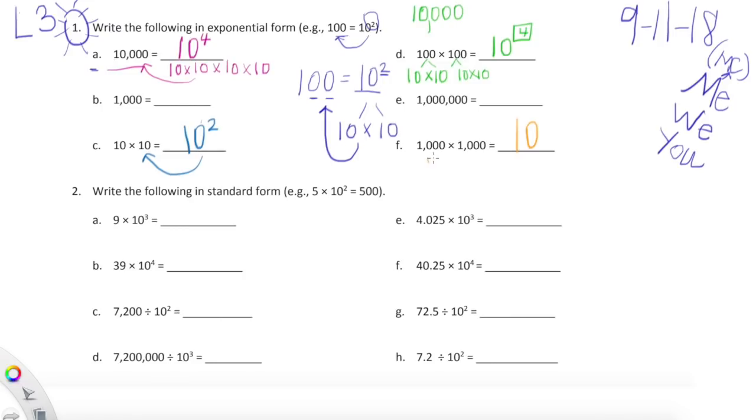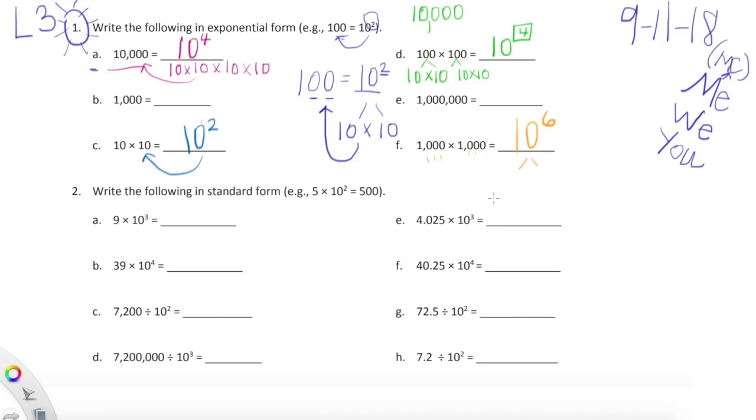Let's just count them. 1, 2, 3, 4, 5, 6. So if we have 6 zeros in 1,000 times 1,000, remember we're writing this in exponential form, we can communicate that in our exponent, 10 to the 6th power.